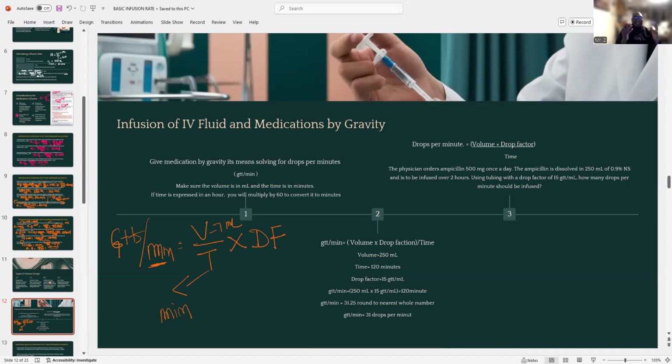For the adult population, they can use either 10, 12, 15, or 20, depending on the pharmacy. But remember this: for babies, for the pediatric population, they use what we call a micro drip set.